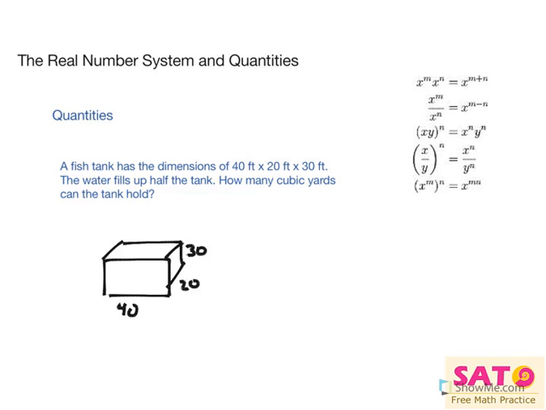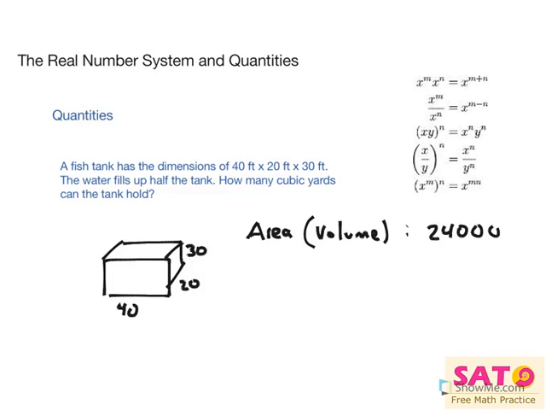So we know the water fills up half the tank. How can we find that? Well, we can find the overall volume first by multiplying 40 times 20 times 30, which is 24,000.